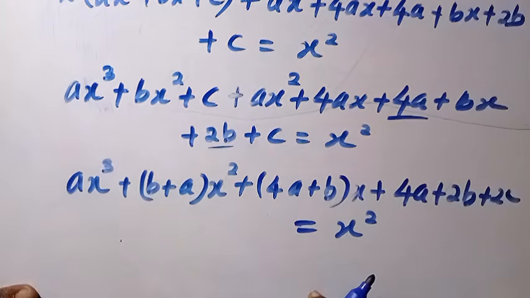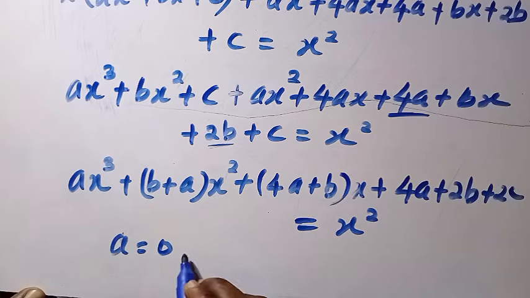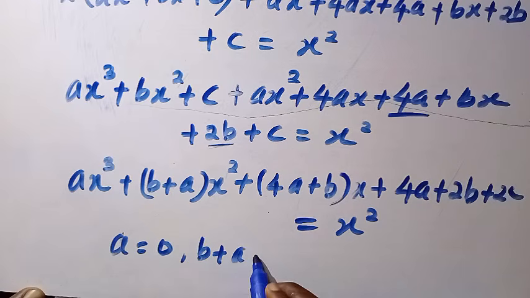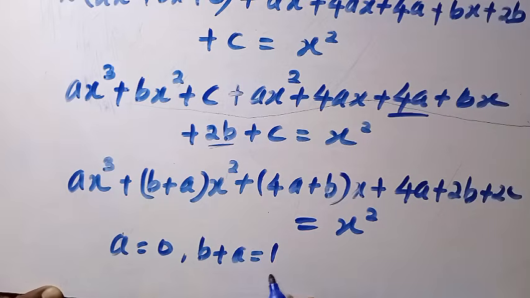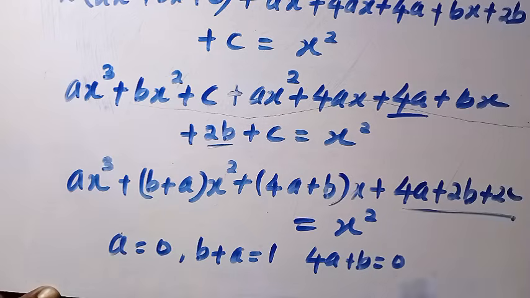If we try to compare all this, we see that for every a, this equals 0, and for every b plus a, this equals 1. And also we have 4a plus b equals 0. They are going to justify with this.